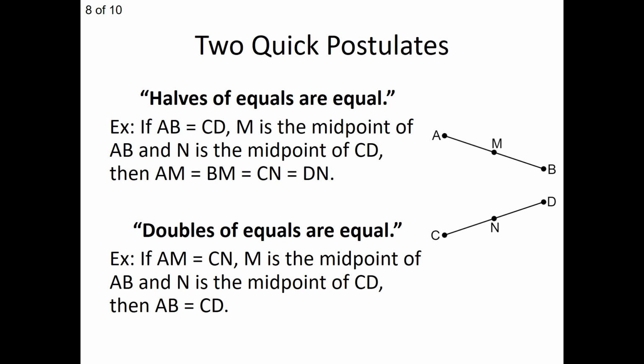And because of that, if we double that length, the doubles of those equals are also equal. So I can take AM, which is equal to CN, and immediately say that AB is equal to CD, because if I doubled those measures, they would equal the whole thing, which means doubles of equals are equal. And again, we're going to carry these two postulates with us into this last set of theorems.